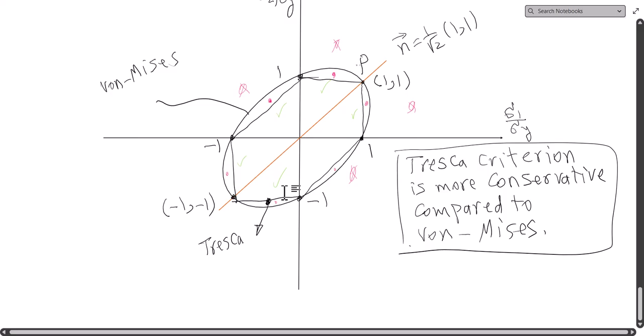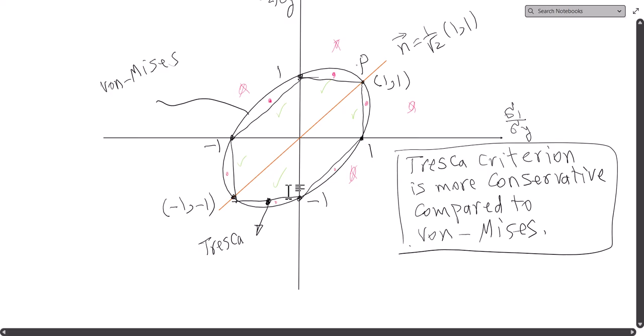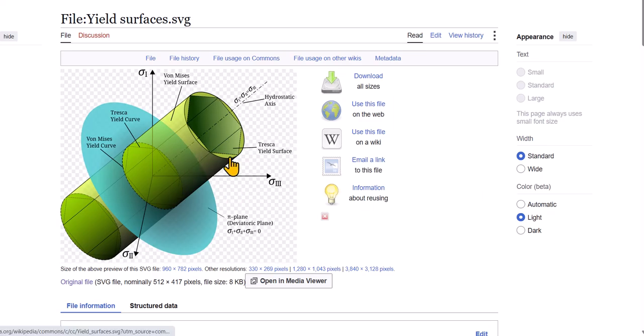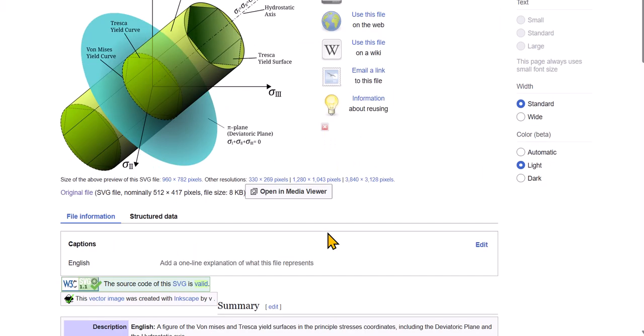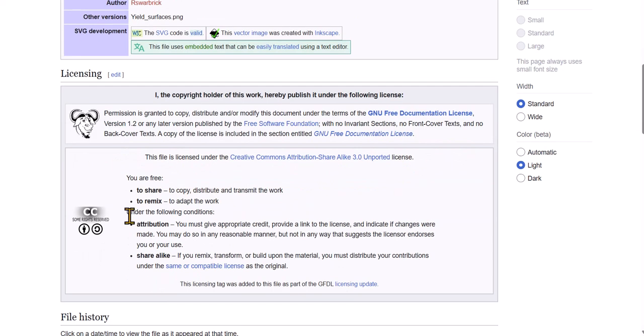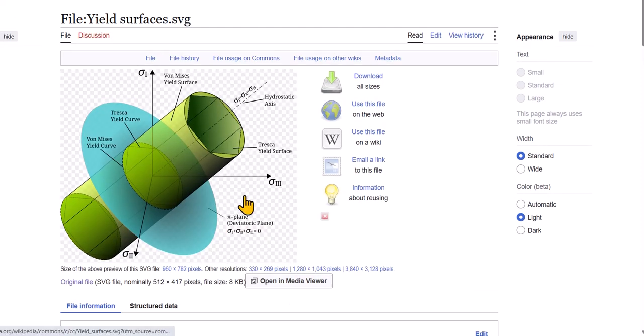It's a volumetric shape, and anything inside that volume is safe, anything on the surface is the limit, and of course outside that surface is not safe. So this is what I'm referring to. This has a common license, so I can use it here with the references that you see. So what we have here, forget about this ring for now.